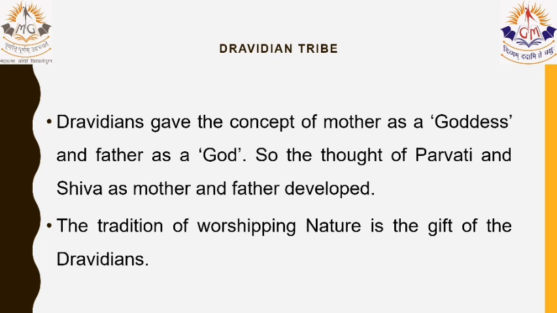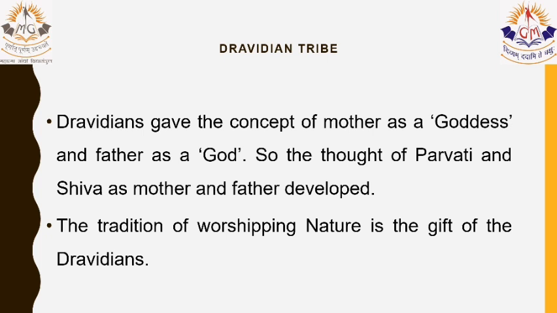the thought of Parvati and Shiva as mother and father. Now everybody must have been worshipping small idols. So the male idol got the name of Shiva, and the female idol got the name of Parvati. So this thought developed because they worshipped their father and mother, and slowly they became gods, and these gods got a new name, that is Shiva and Parvati.